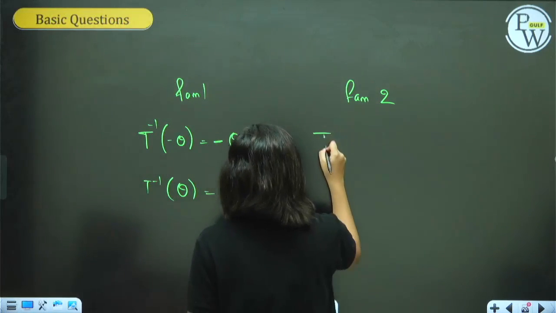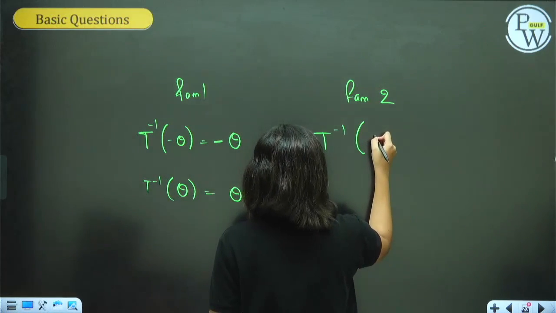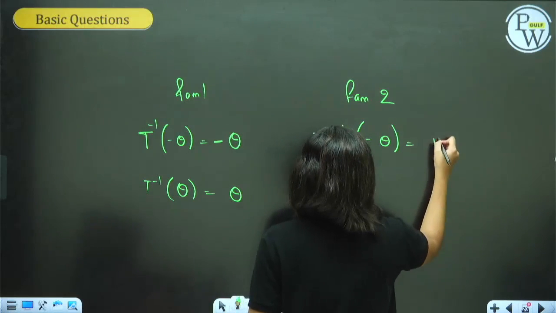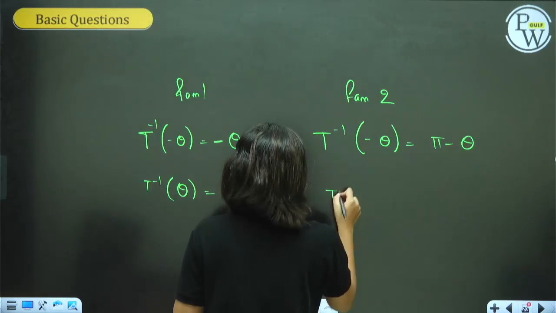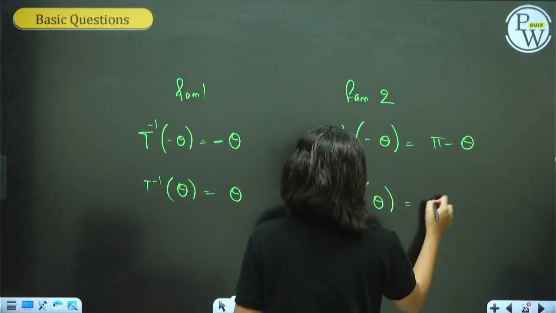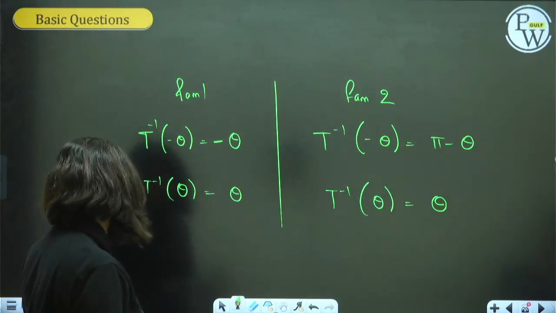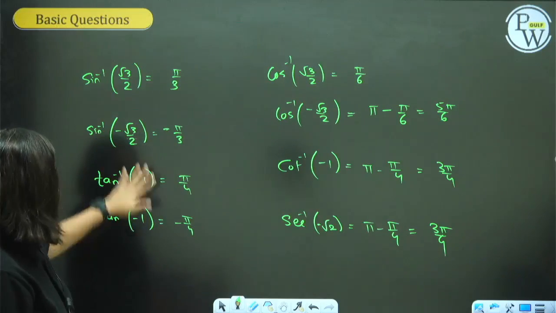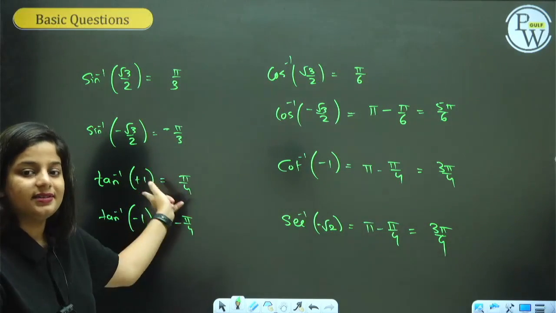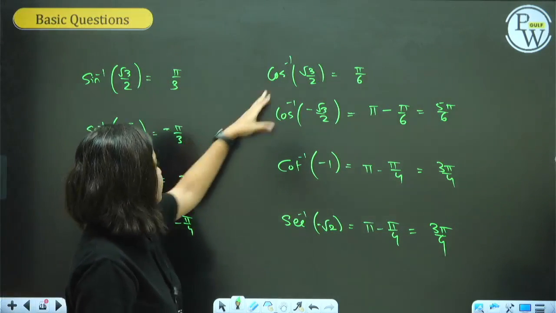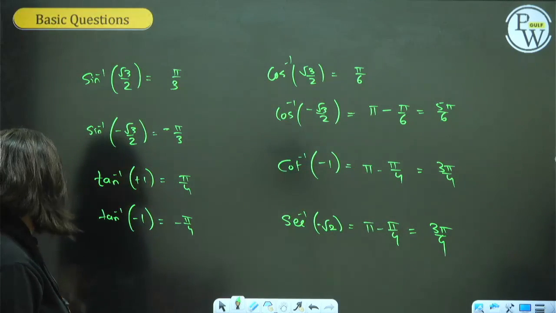But in family 2, if you have a negative sign, what happens? Pi is called. If you have positive, it is as it is. So that's the difference which we learned so far, in the previous slide. For positive, we write the answer as it is, but for negative you change it.